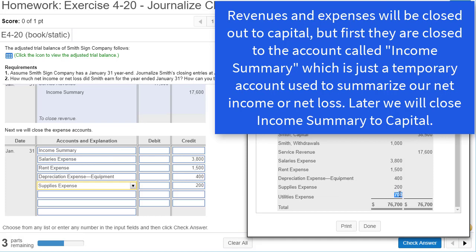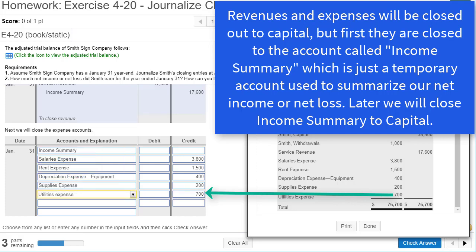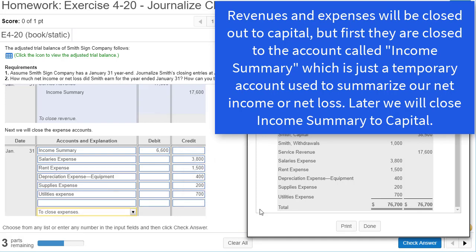And then we have $700 utilities expense. So now I need to add these up. 3,800 plus 1,500 plus 400, 200, and 700. That gives us 6,600. And this step is closing expenses.